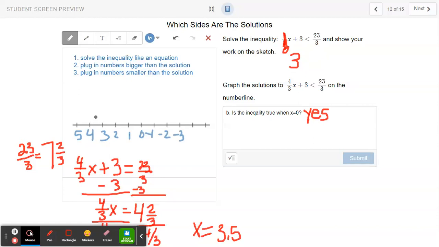So we know that x cannot be equal to 3.5, because that would make this side 23 thirds and this side 23 thirds, and that doesn't work because 23 thirds is not less than that. But we know x equals 0 does work, right?